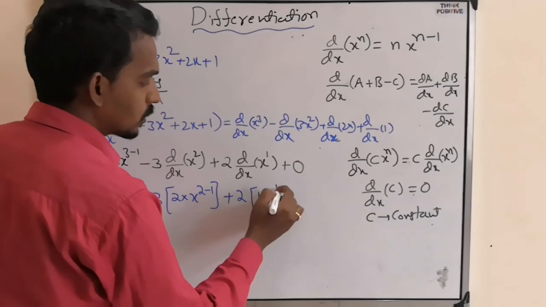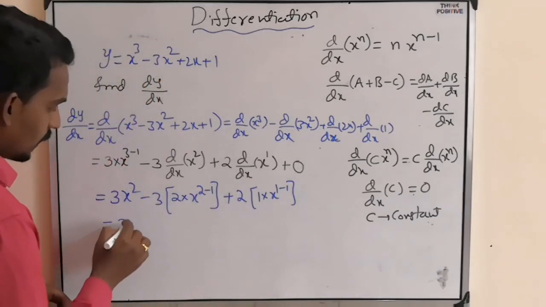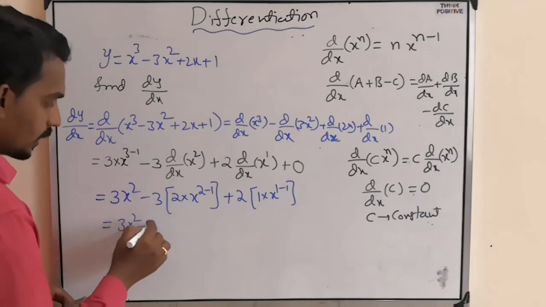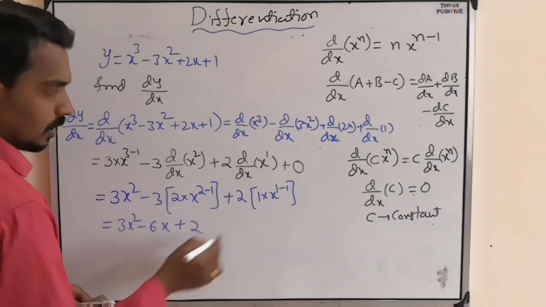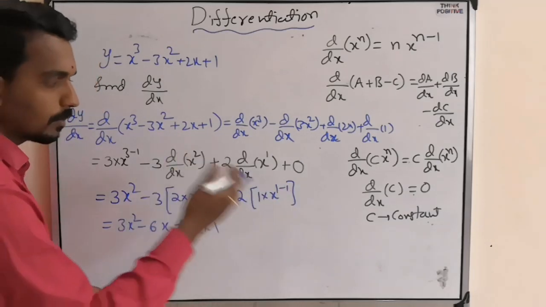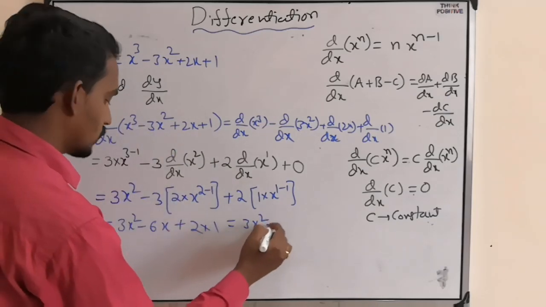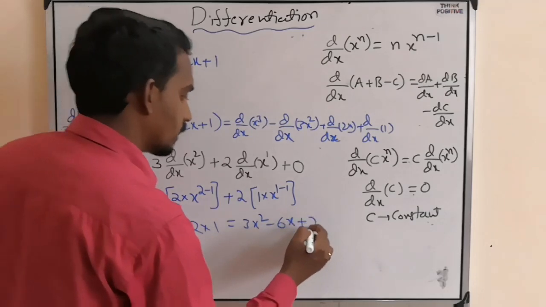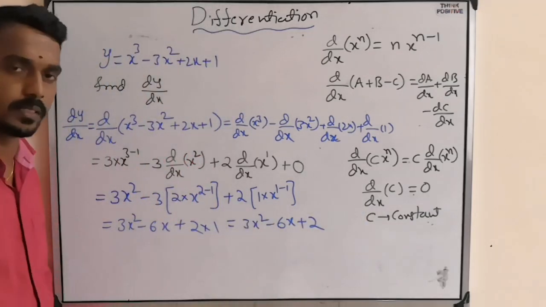So 1 into x power 1 minus 1, equal to 3x square minus 3 into 6x plus 2 into 1. X power 0, something power 0 is always 1. So equal to 3x square minus 6x plus 2. This is differentiation.